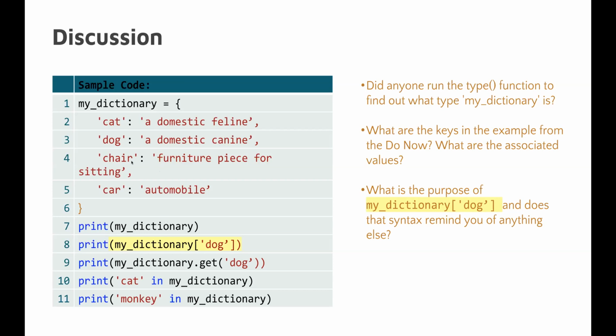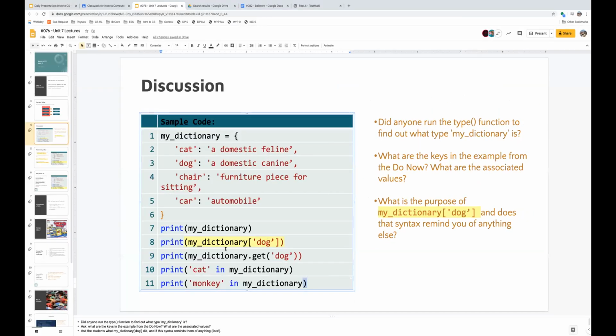If we actually execute this code down here, the printing my dictionary and my dictionary dog and all this stuff, then we're going to see all sorts of different things happen. So let's actually get this into Replit.